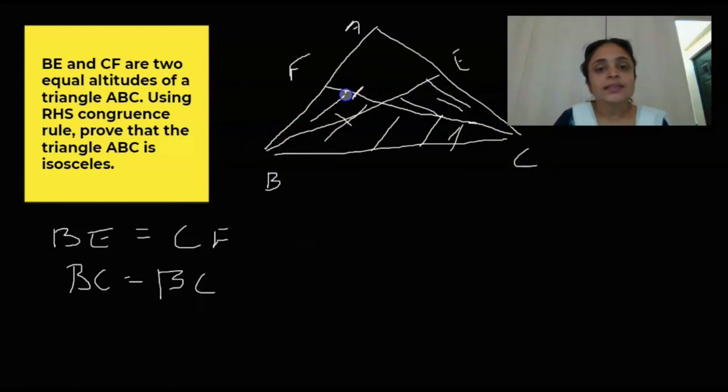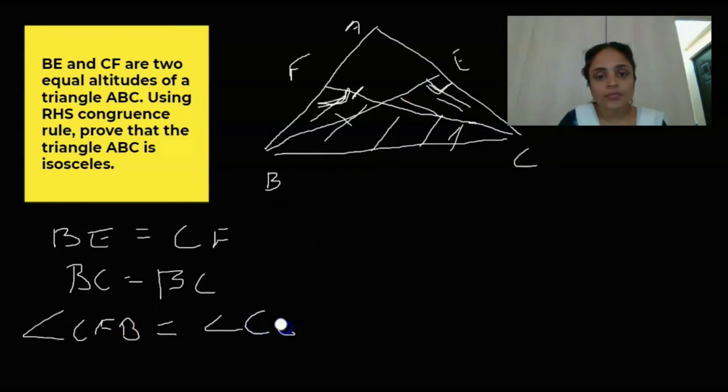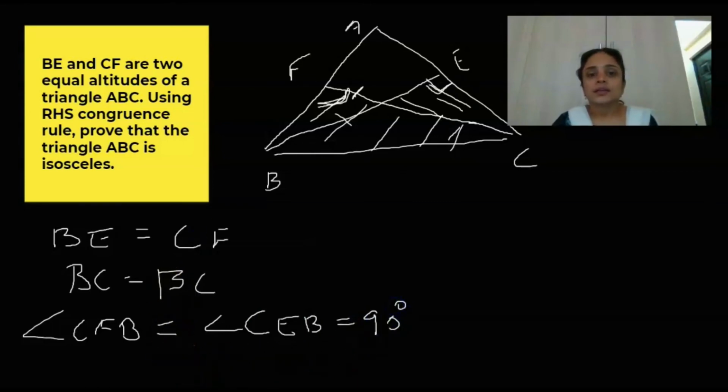So we got two sides which are equal. Now, since this is the altitude, this angle will be 90 degrees. That is, angle CFB is equal to 90 degrees, and angle CEB is also equal to 90 degrees. So we got BE is equal to CF, then BC is equal to BC.